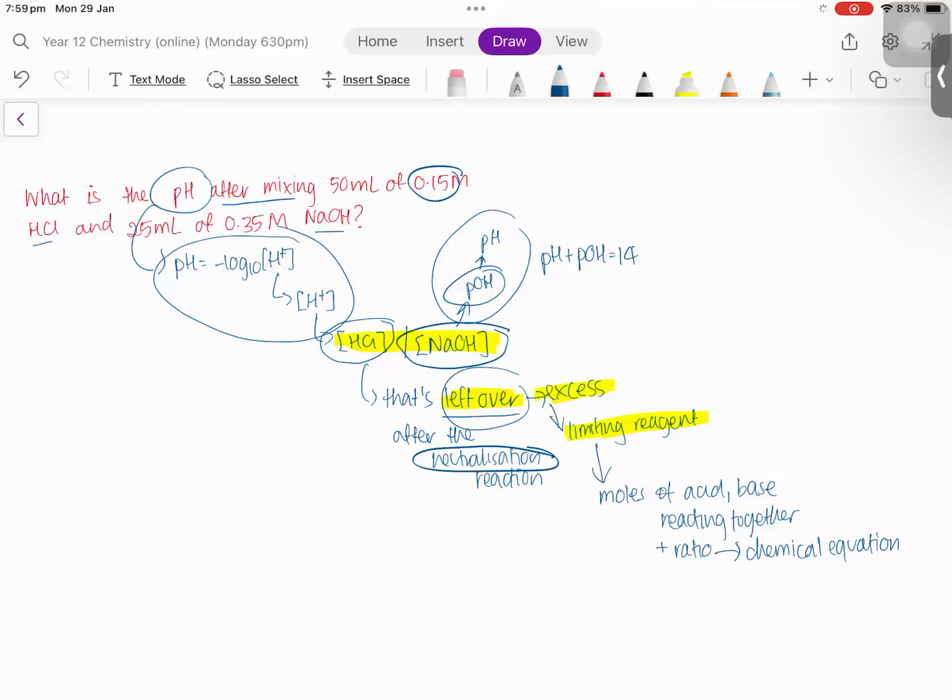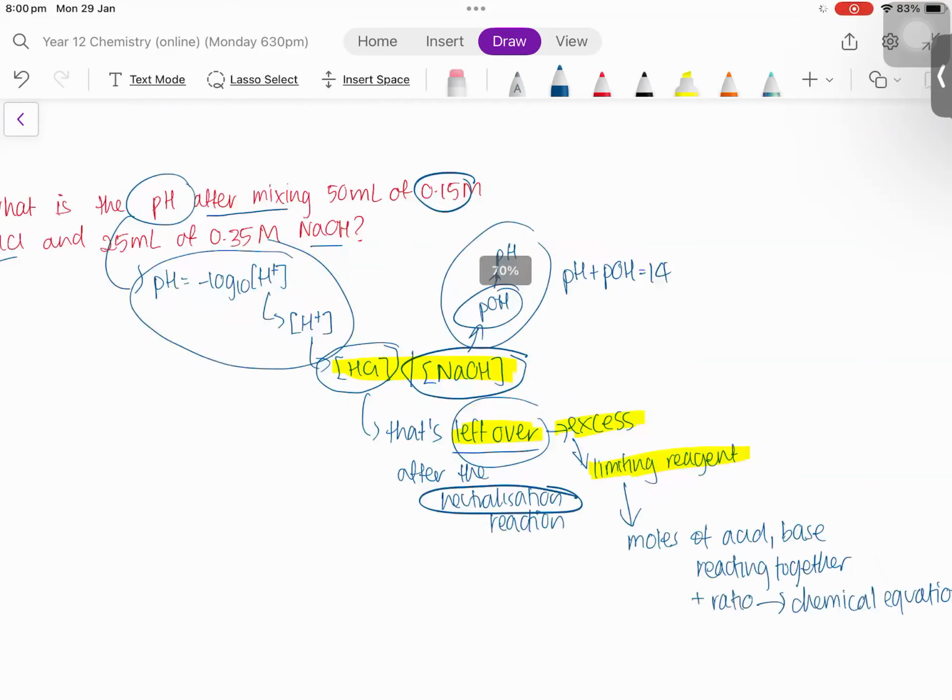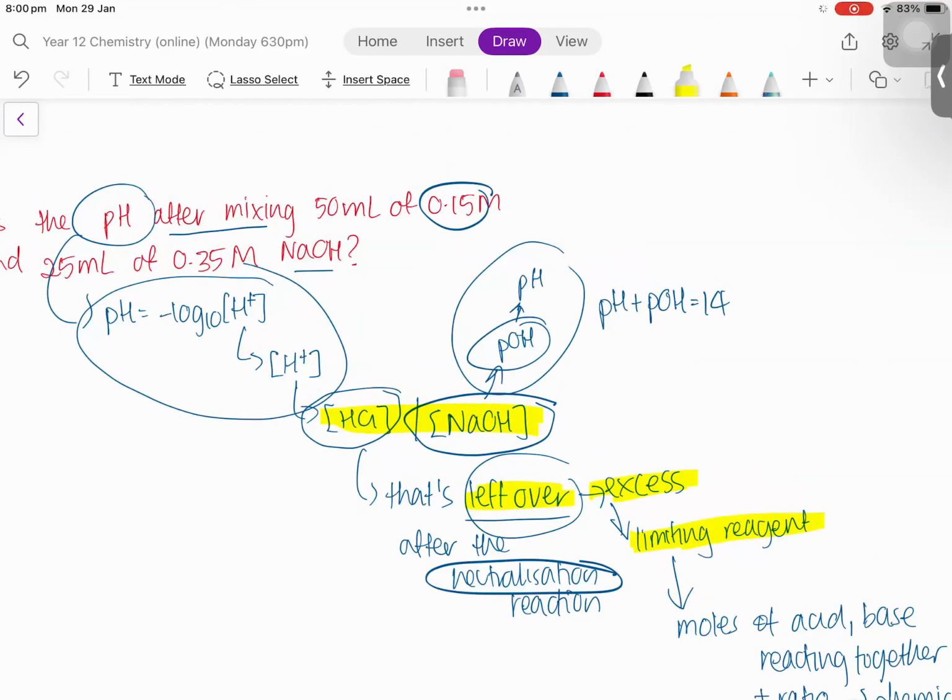The question is, what is the pH after mixing 50 mL of 0.1 molar HCl and 25 mL of 0.35 molar NaOH? When you're working backwards, you start at where you want to end up. I want to end up at pH. Working backwards, there are two ways of calculating pH. pH is negative log base 10 of H+, which means I need the H+ concentration and I need the HCl concentration.